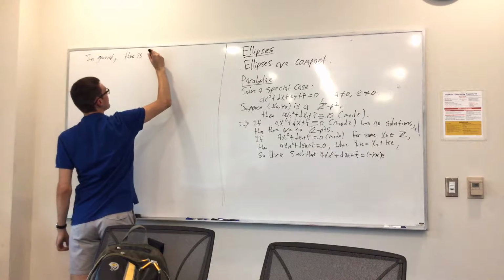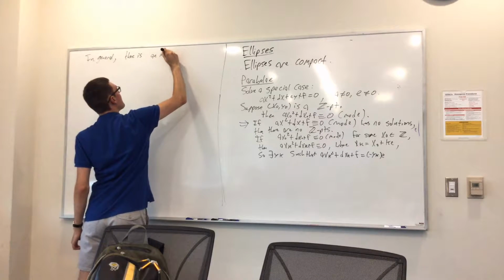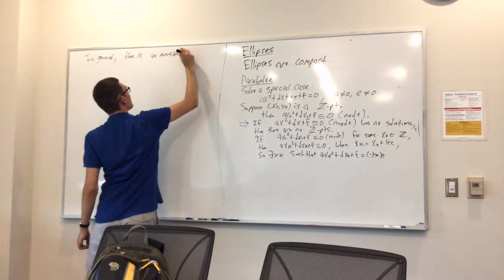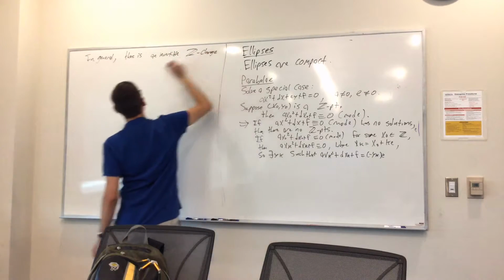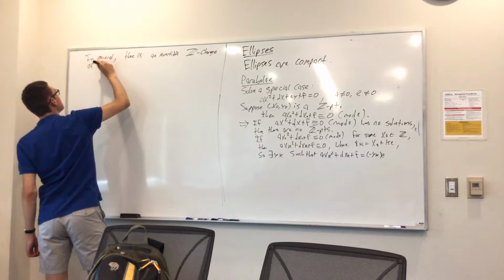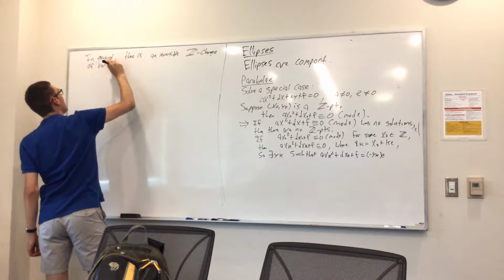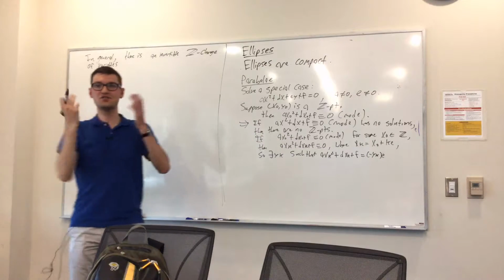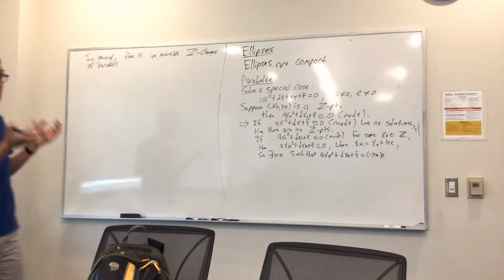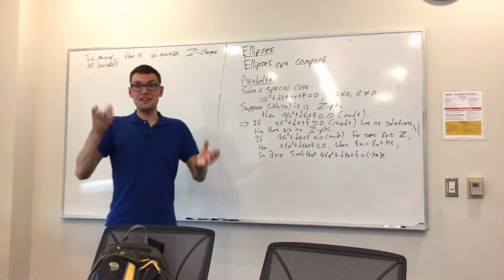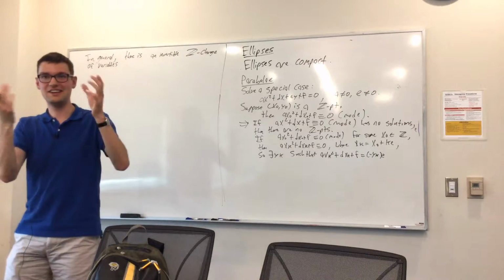There is an invertible Z change of variables, given by a matrix that has integers in it and determinant 1 or -1, so that the inverse also has integers in it.